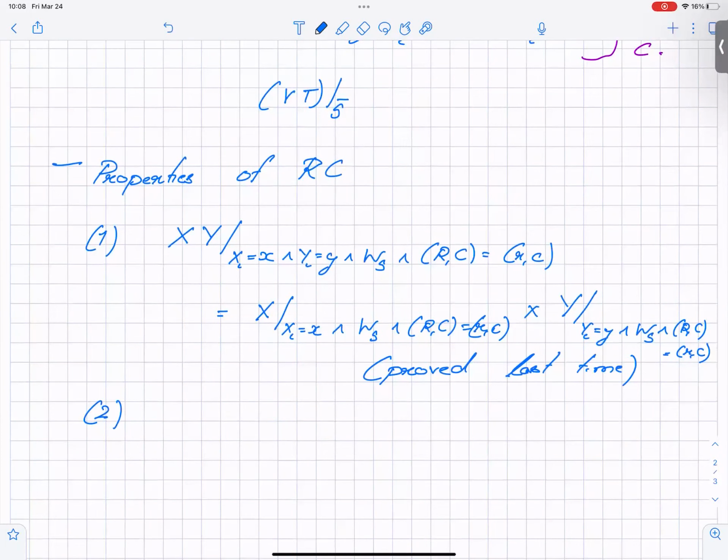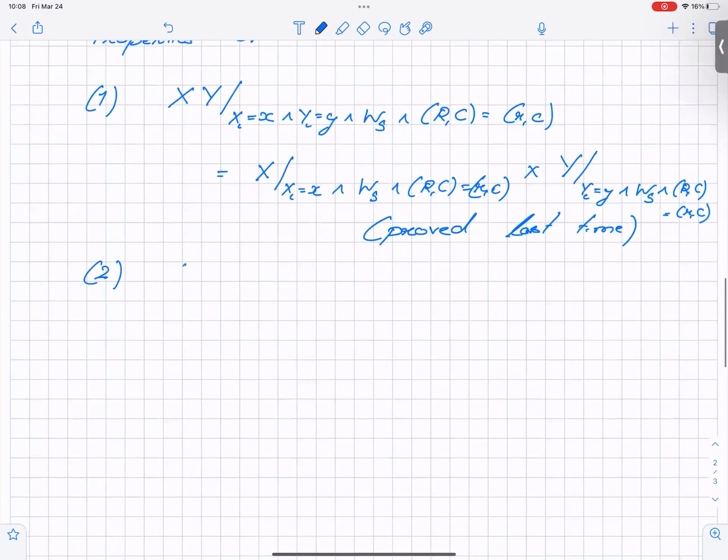But given this, it's unclear that the two provers have the sample RC in them. This is all true if they had R and C with them. So now you want to show that there is the true RC distribution conditioned on xi equals x and yi equals y and WS.